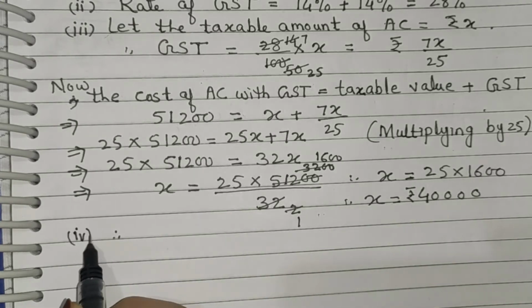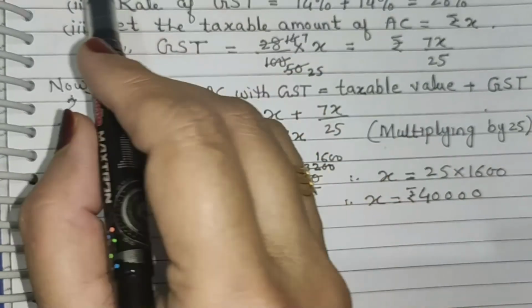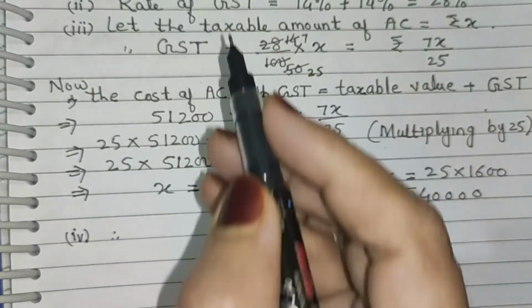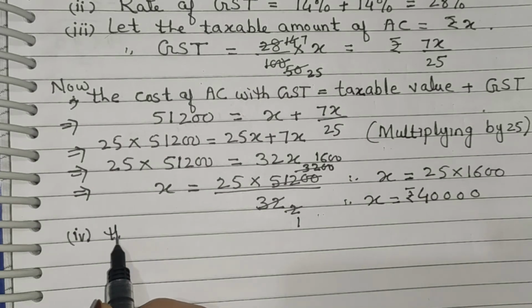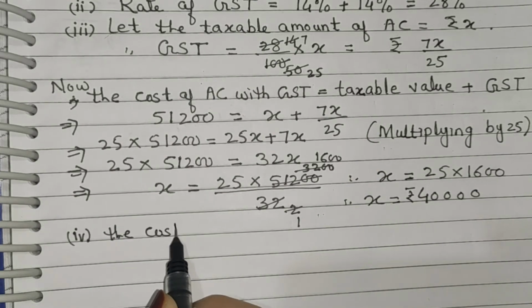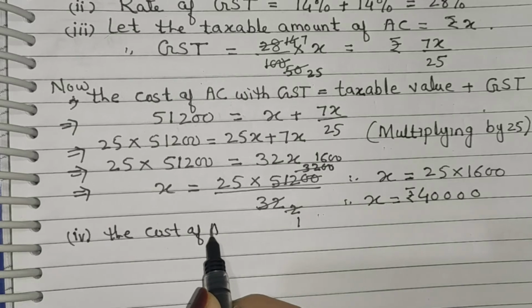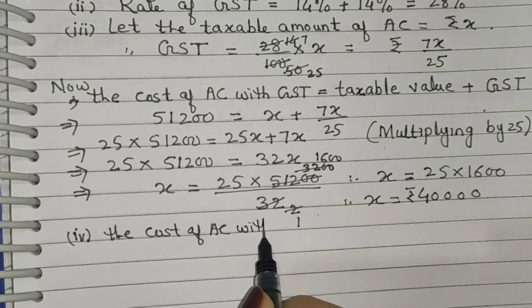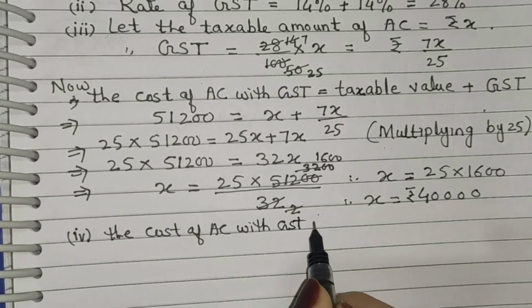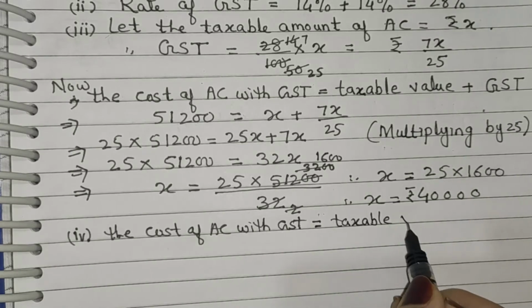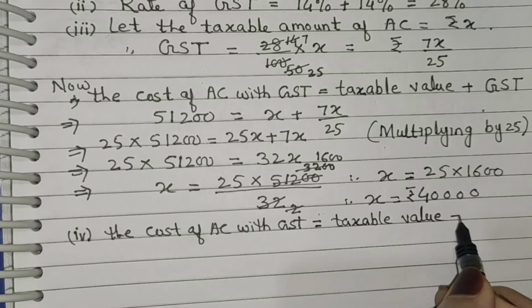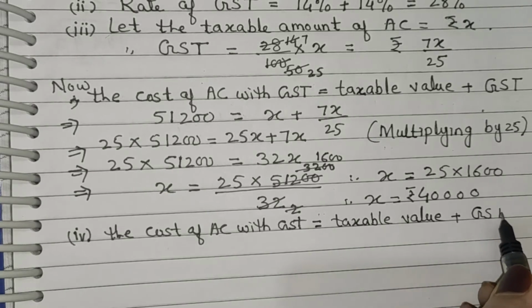Fourth one, find the value of total amount of GST. We know that the cost of AC with GST is equal to taxable value plus GST.